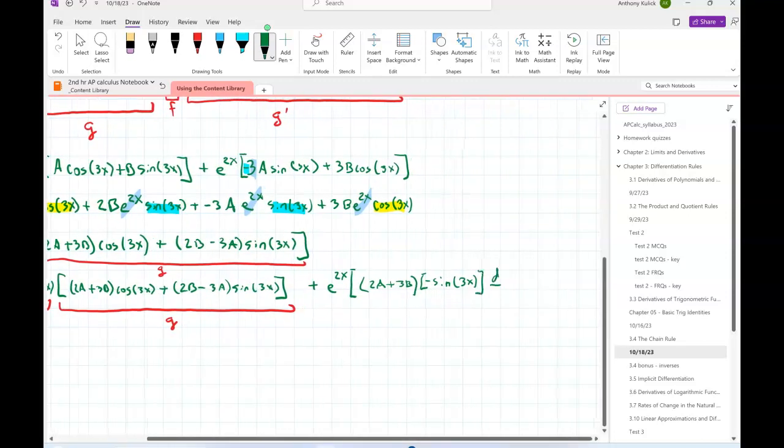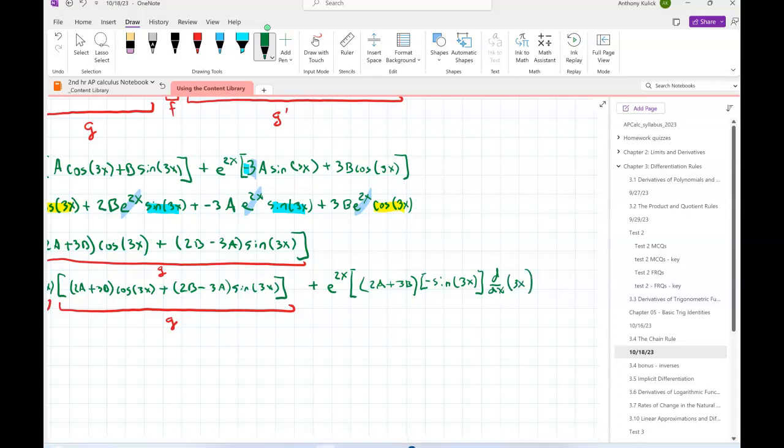And then I have times the derivative of the inside. So again, this is my F, and this is going to be my G prime. Are you taking the prime of that one? We're finishing the product rule because I haven't finished writing it out yet. The G. Okay. Yeah.